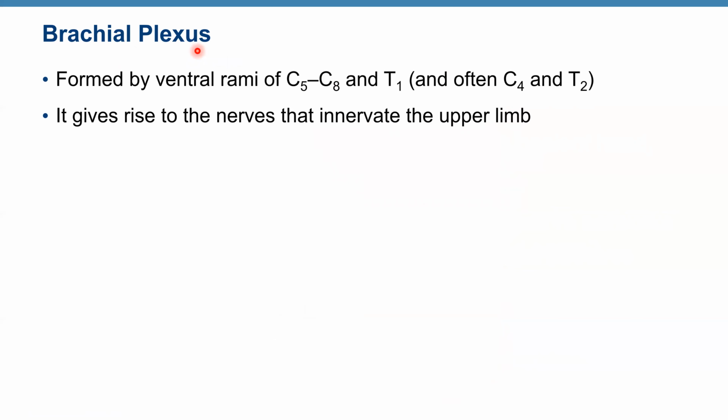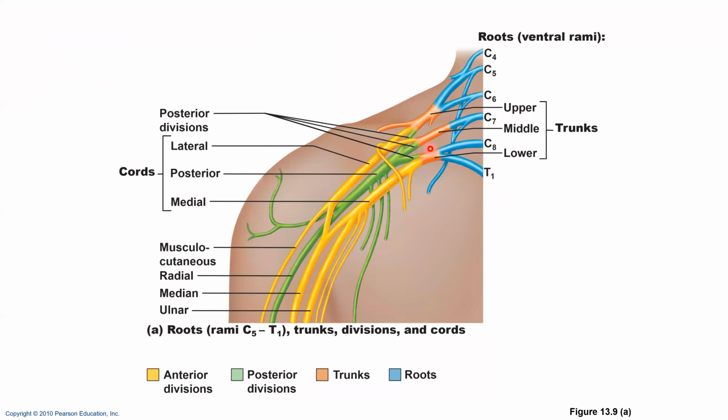Another is brachial plexus. Brachial plexus is formed by C5 to C8 and T1. And nerves that arise from brachial plexus innervate the upper limb. Okay, so here again we have, so now they say it's ventral rami, right?